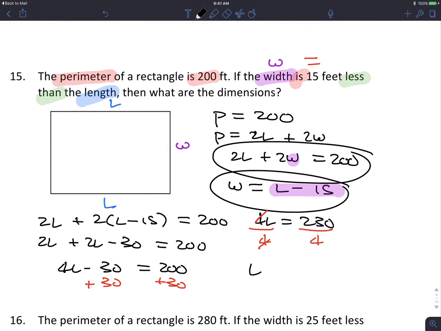We're going to have to divide here 230 by 4. Let's do this division.